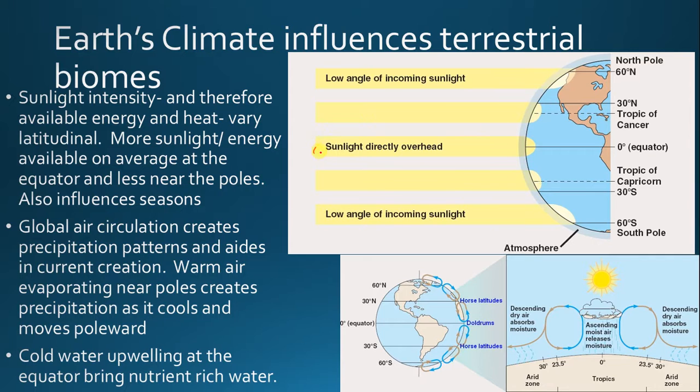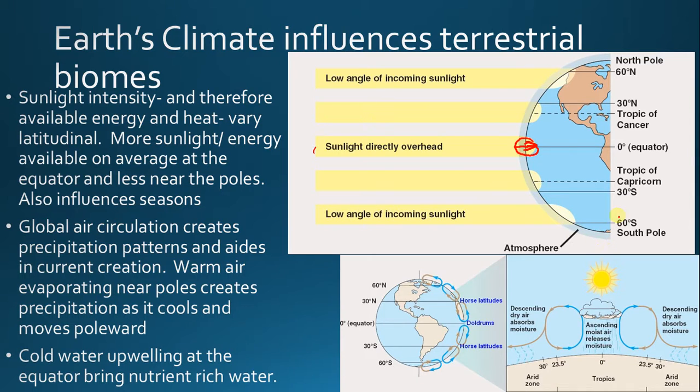So as sunlight hits the Earth more directly at a 90-degree angle at the equator, it is able to impart more energy per unit area, and so those areas are warmer and have more available light energy.